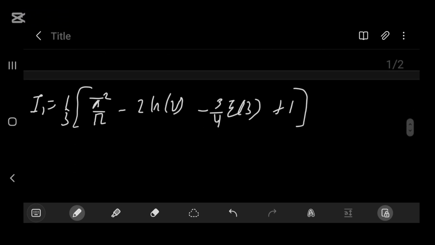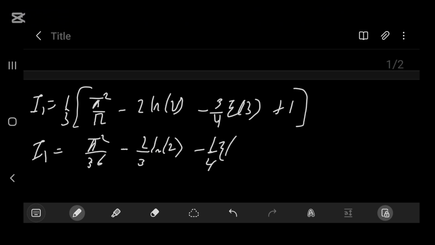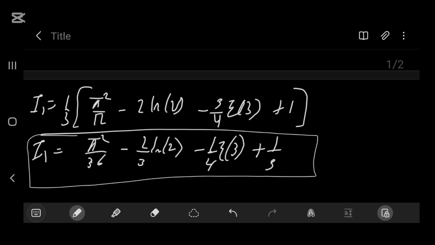Let's multiply that 1 over 3 inside, and we're finally left with pi squared over 36 minus 2 over 3 ln 2 minus 1 over 4 zeta of 3 plus 1 over 3. That's the answer for the I1 part.